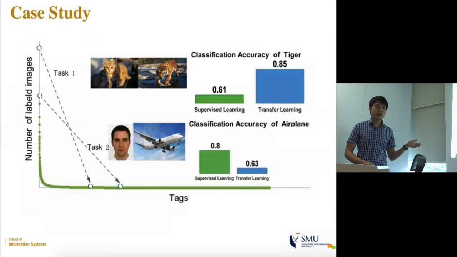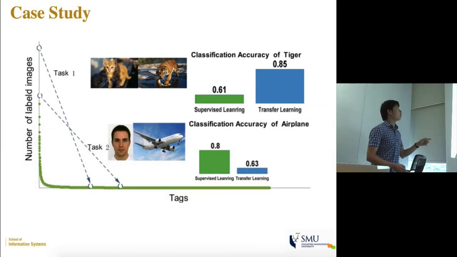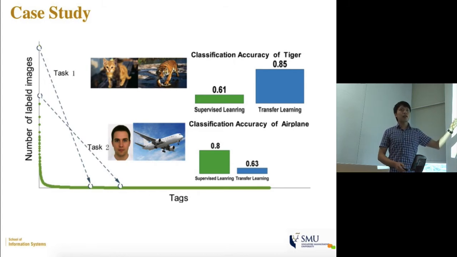To illustrate, this paper showcases an example of image classification. They have two transfer learning tasks here. In the first task, the source data is photos of cats, and the target data is photos of tigers. The task is to detect whether a photo is a tiger or not.